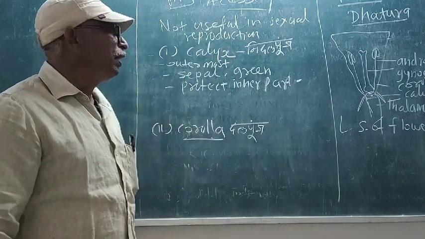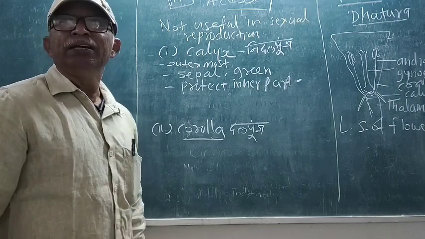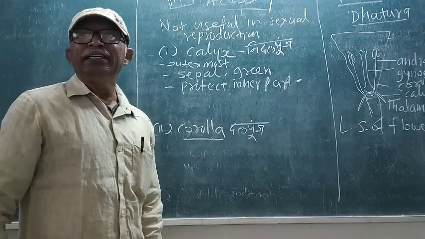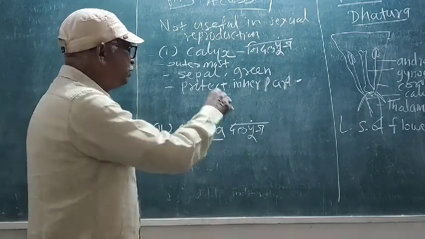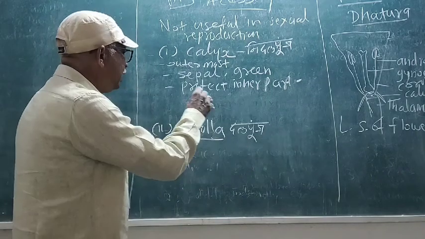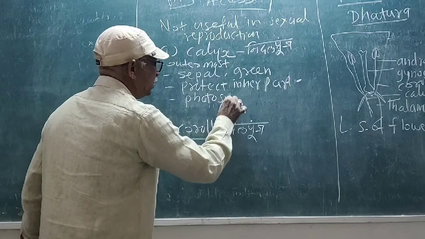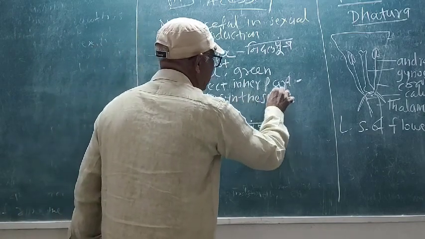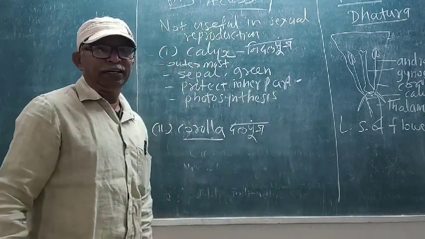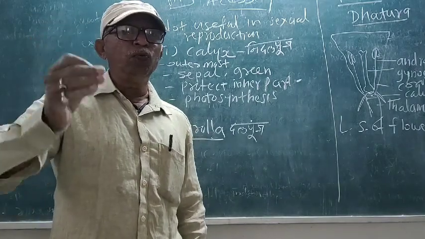The parts are called sepals. They are generally or always green in color. So what is their use? Their use is to protect the inner part, and they are useful for photosynthesis, because we know that these are green in color. When they are green, they are able to produce their own food.